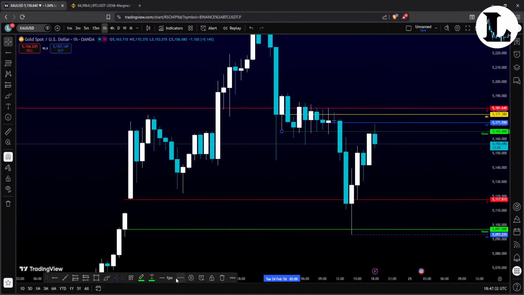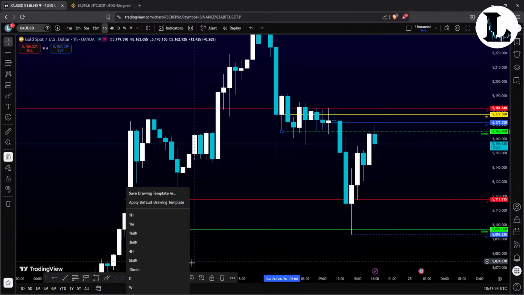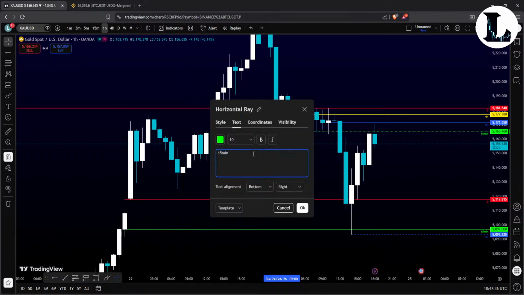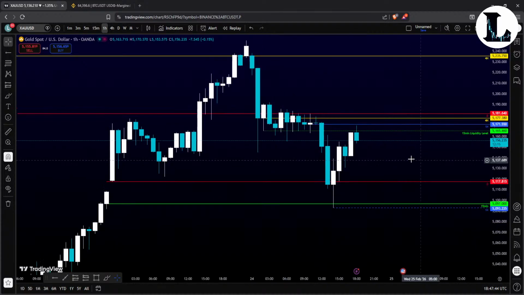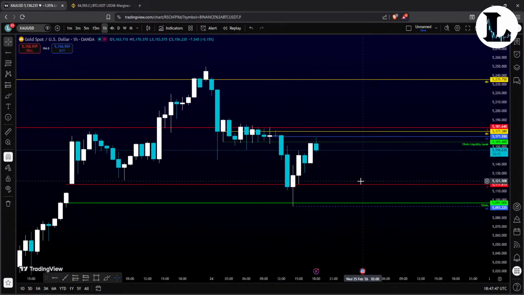Let me make this a 15-minute liquidity level, just for you guys to understand that we might see a big reaction on this level.